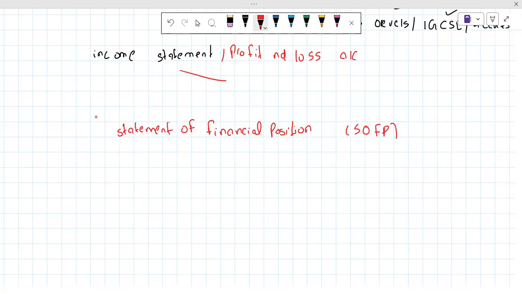It was previously known as the balance sheet. These two are basically the final accounts, which we have to make at the end of the year.